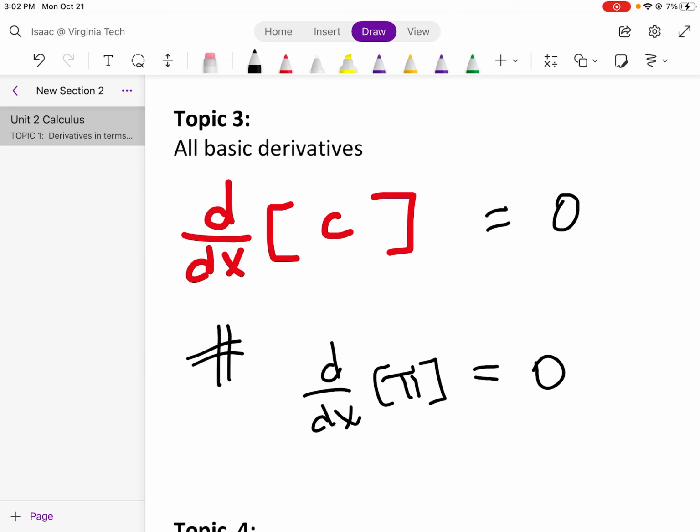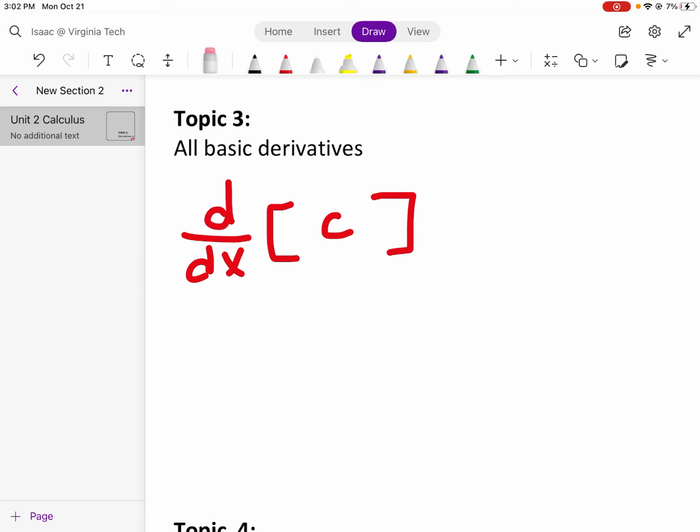A lot of people, when they see pi, they get confused for a second. They end up thinking about trigonometric derivatives, but don't worry, that's just a number, 3.14 approximately, and the derivative of it by itself is 0. And then any number, like 6, 1, any number, is going to be 0. So that's an important one.